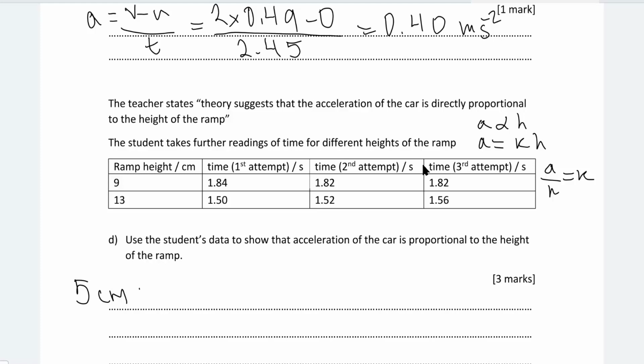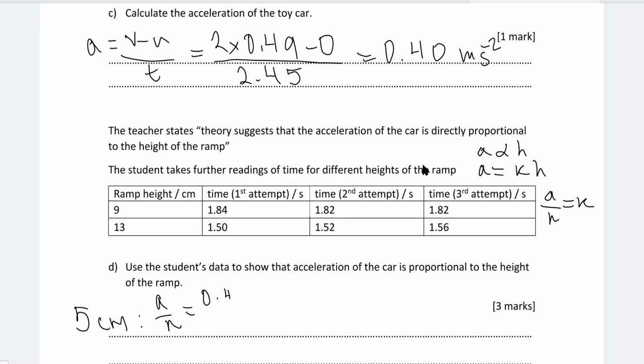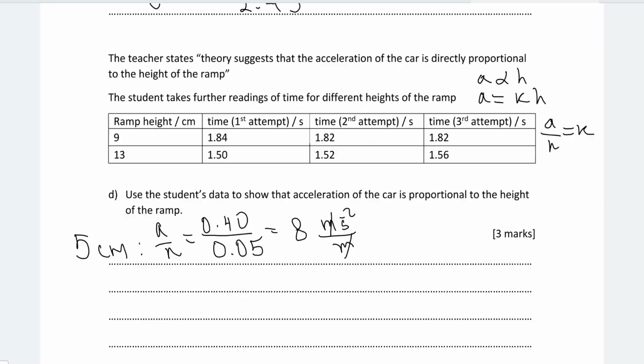So for this example, a over h will be equal to 0.4 divided by the height, which is 5 centimeters, so 0.05. Plugging these into a calculator, we find that a over h is going to equal 8. Now the units of a over h: meters per second squared divided by meters. So that's just 8 seconds to the power of -2.